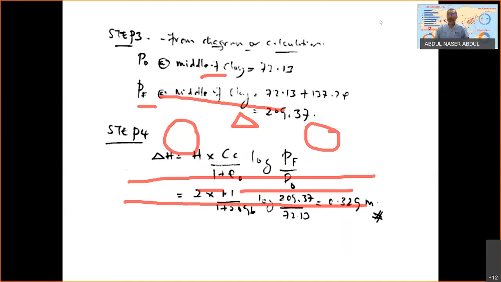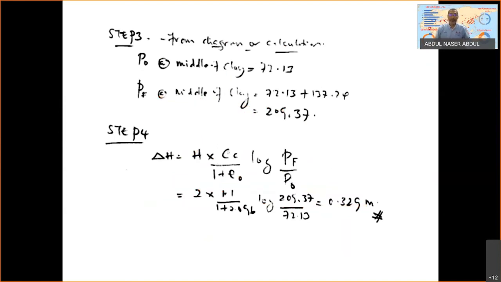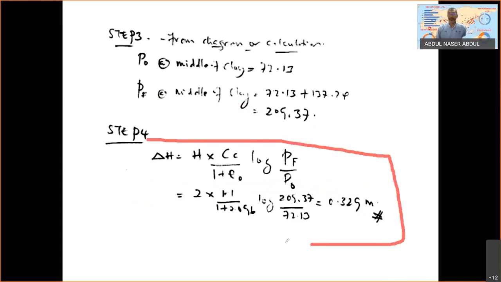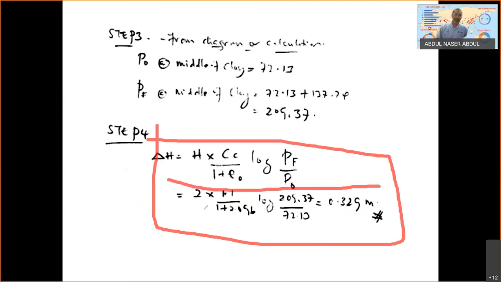Step 4, we do the calculation. We use the formula. Remember, this is the formula. We just plug in H because it's 2 meters, right? CC is 1.1 from the report.